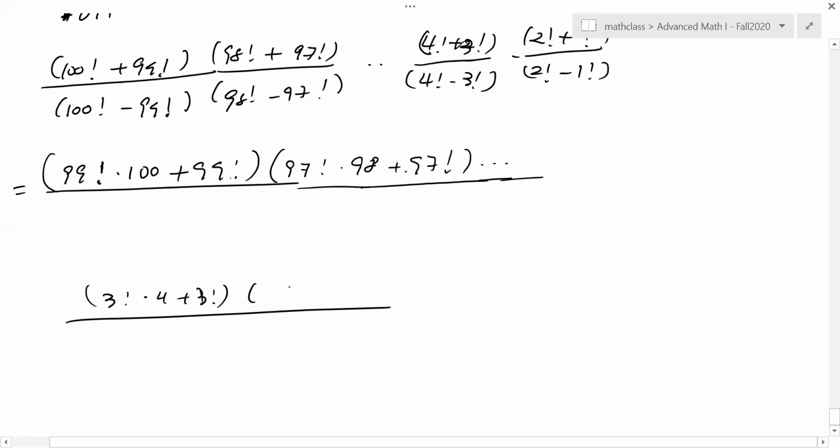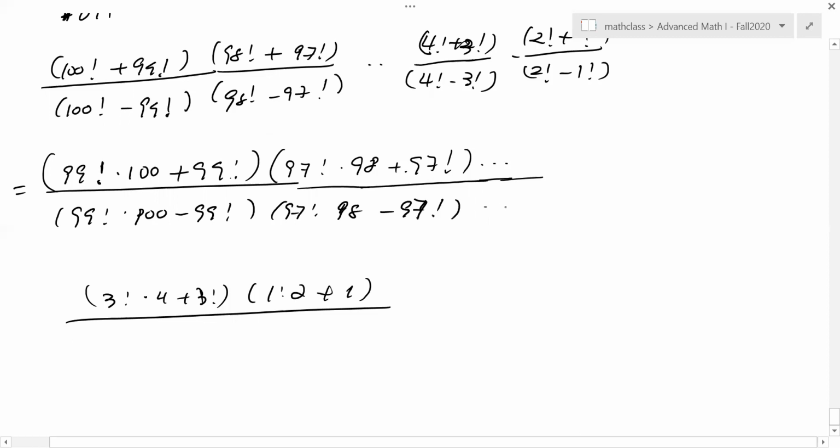Okay. Similarly, the denominator is subtraction. The denominator is 99 factorial times 100 minus 99 factorial, 97 factorial times 98 minus 97 factorial, and keep it going.